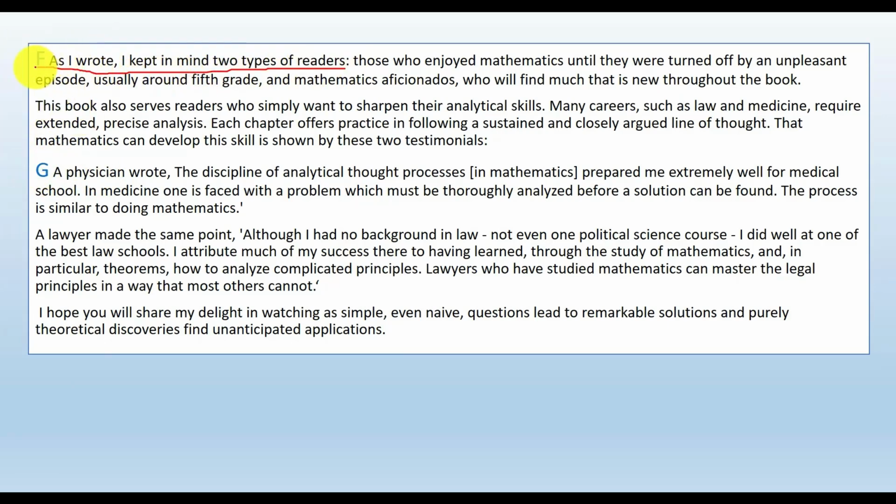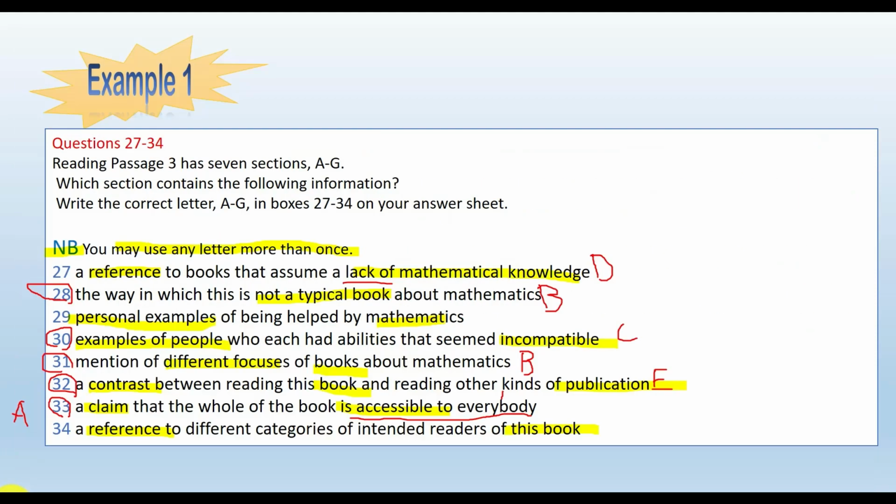Those who enjoyed mathematics until they were turned off by an unpleasant episode, usually around 5th grade, and mathematics aficionados who will find much that is new throughout the book. Now that's it. It's for different types of readers. We had something as a reference to different categories of intended readers of this book.